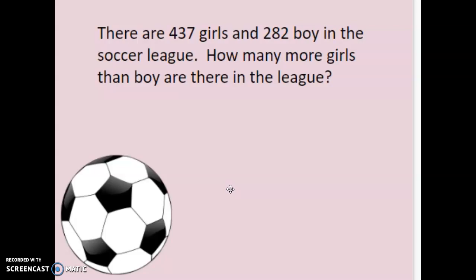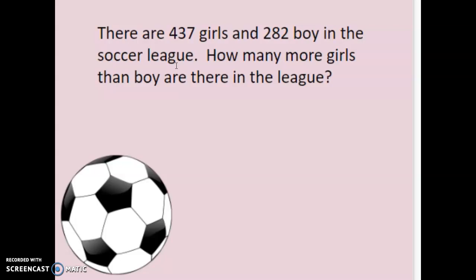If I'm going to round to the nearest hundred, I'm going to look at my hundreds place value, and it's a 4. So I know that it's going to be between 400 and the next hundred, 500. I'm going to be thinking about that benchmark number, 450. Is 437 less than 450, or is it equal or greater to 450? In this case, I know that 437 is less, so it's going to round to 400.